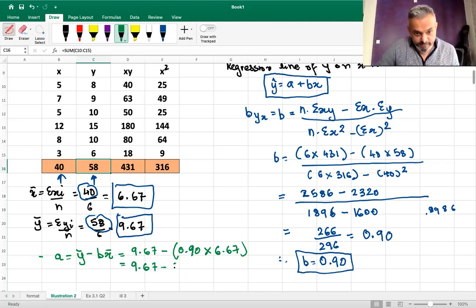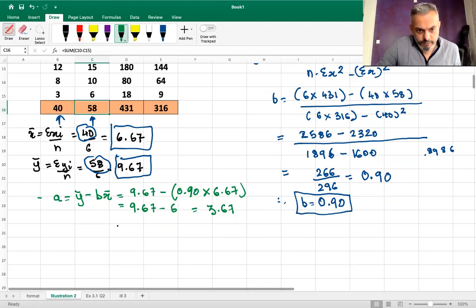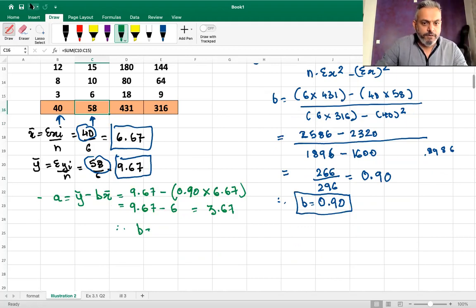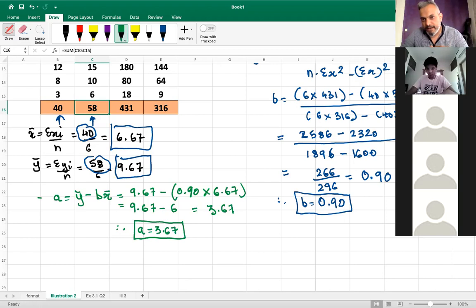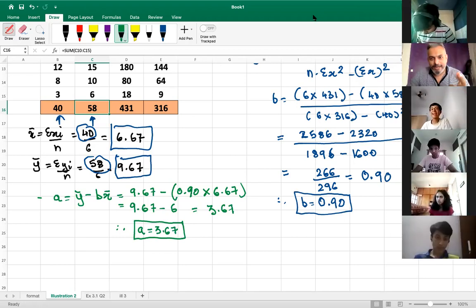So directly 6, which is equal to 3.67. Therefore, b is, sorry, therefore a is equal to 3.67. Now we have a, we have b. We got a, we got b. Let's move ahead now.